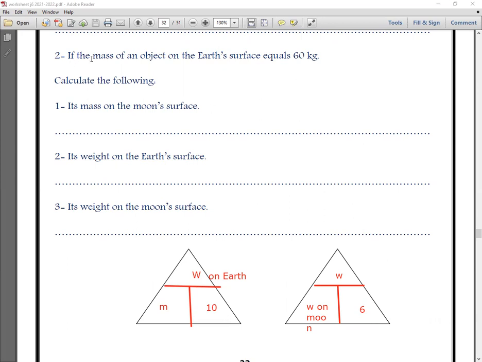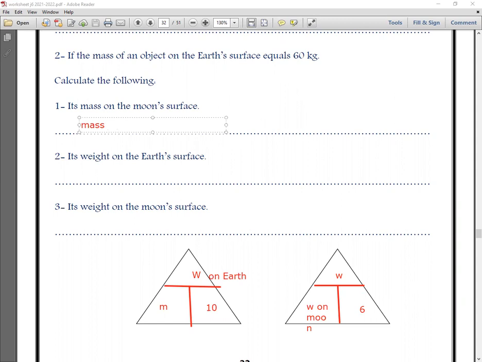Here, if the mass of an object on the Earth's surface equals 60 kilograms, I need here the mass on the moon's surface. You must know that the mass is a constant value. Mass is a fixed value. It doesn't change by changing the place.